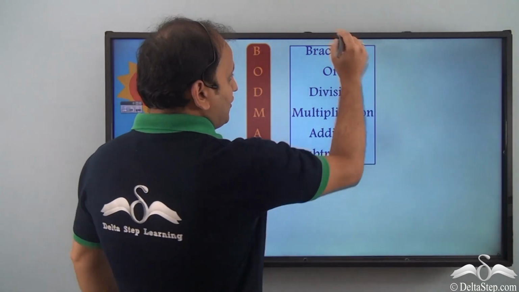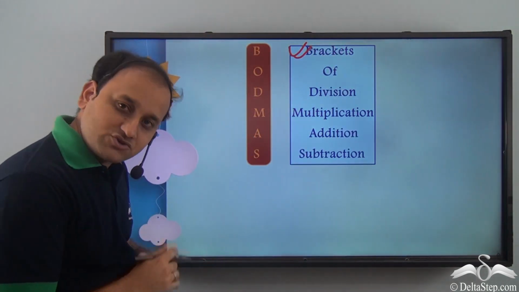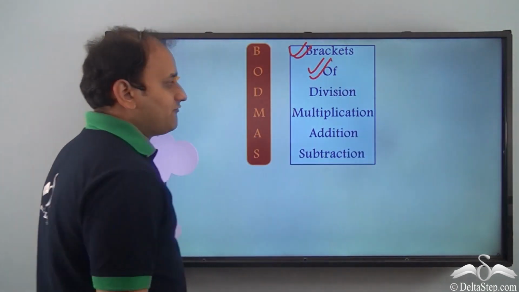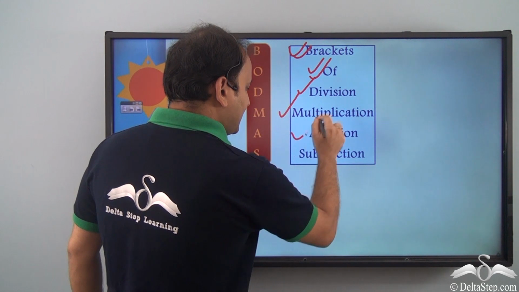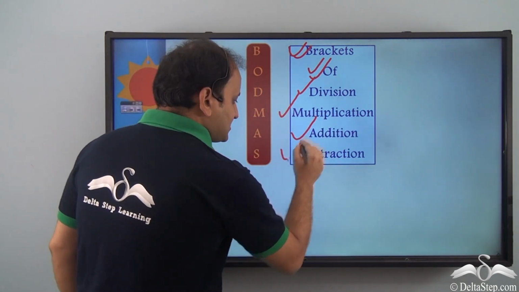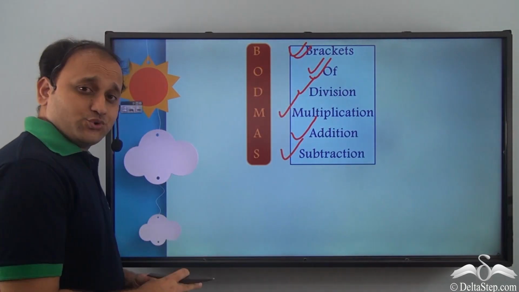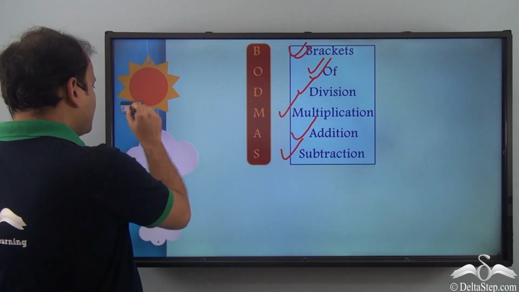First of all, anything within the brackets will be solved first, then of, followed by division, multiplication, addition, and at last subtraction. Now, using this rule, let's try to solve the expression which we had seen earlier.